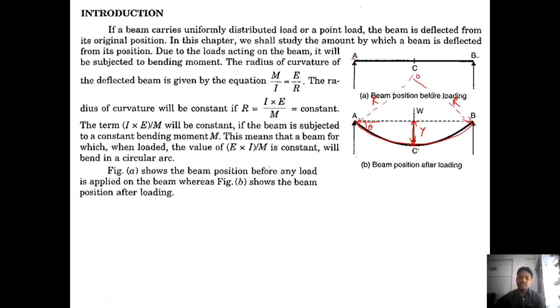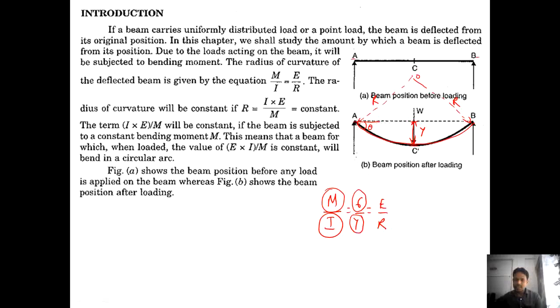We have seen in SFD and BMD, shear force and bending moment diagrams, unit number 2, the pure bending equation. The pure bending equation was M by I is equal to sigma by Y is equal to E by R, where M is bending moment, I is moment of inertia, sigma is bending stress, Y is the distance from the neutral axis.